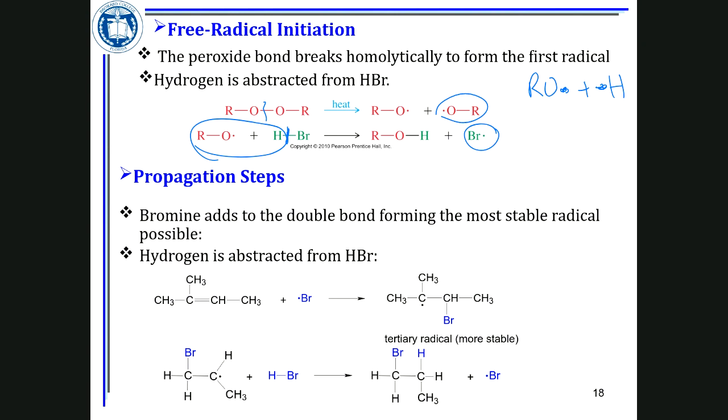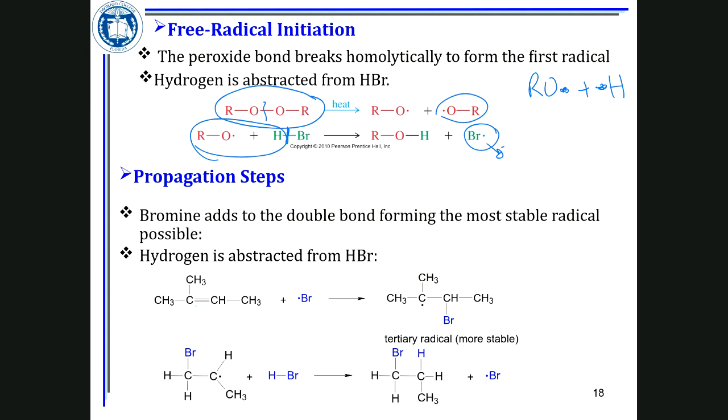So in the first step of the anti-Markovnikov addition, or addition in the presence of peroxide, the Br free radical is going to form. Now, bromine is going to attack the carbon-carbon double bond.